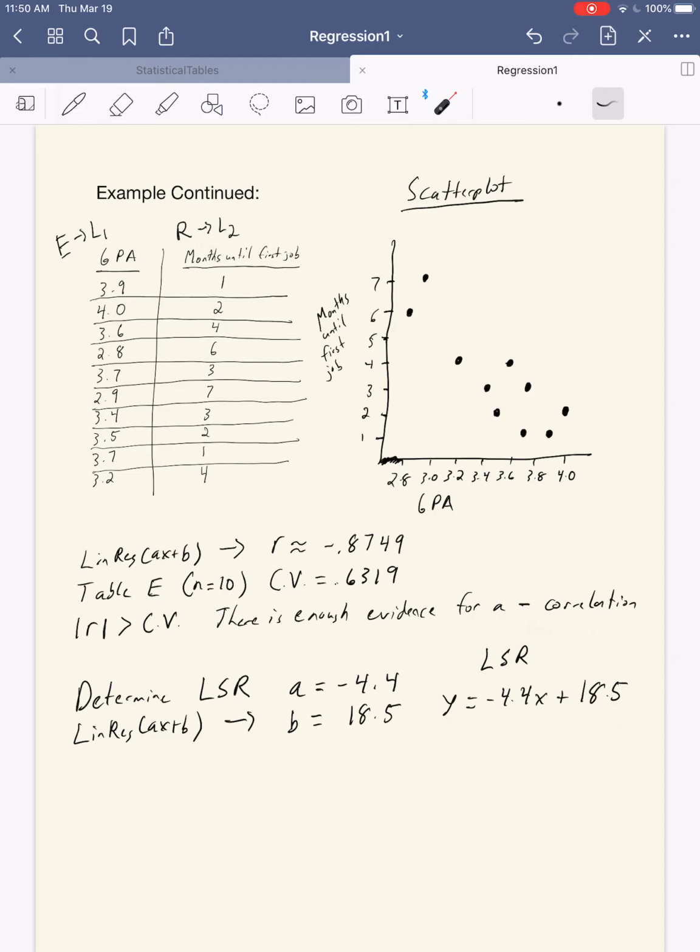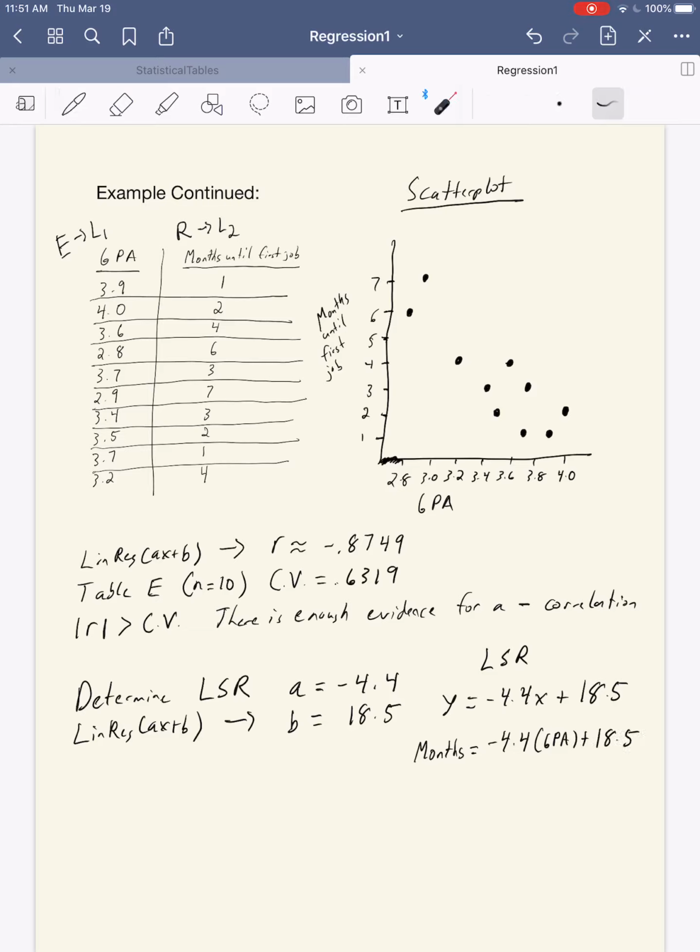Now, in algebra, this is a totally fine presentation, x and y, very standard for algebra. But let's remember what x and y represent for us. Well, y is your dependent variable, your response variable. So when we have this model, we're saying that the months is equal to negative 4.4 times the GPA, since our x variable is our independent, explanatory variable, plus 18.5.